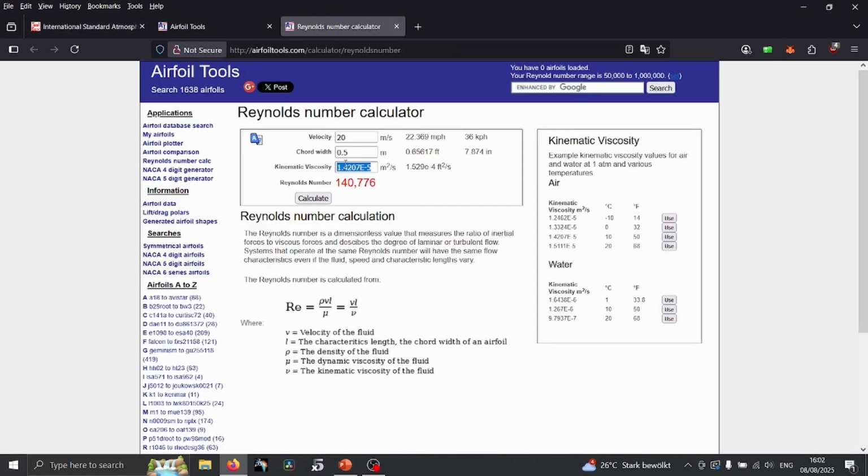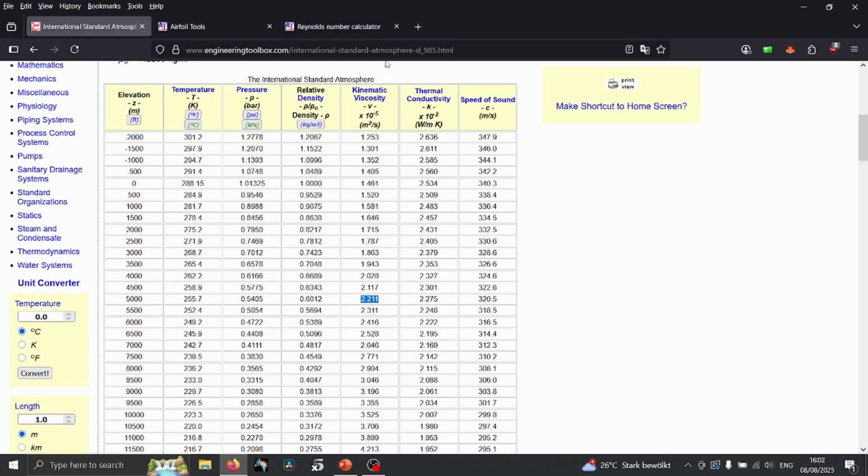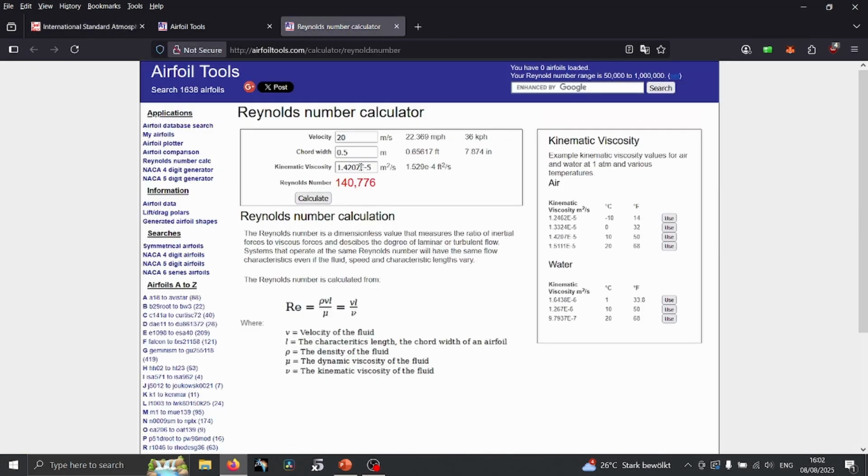So you shouldn't write just that value here, but you should copy just those numbers which are in front of e minus 5. If someone doesn't know, e minus 5 means 10 to the power of minus 5. And then press calculate, and that gives you the Reynolds number.